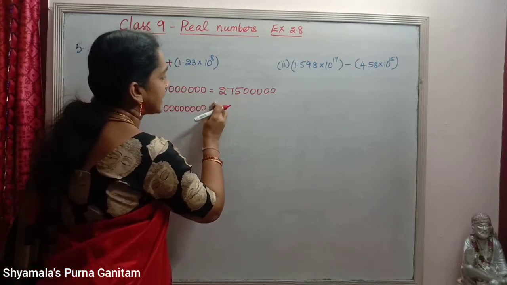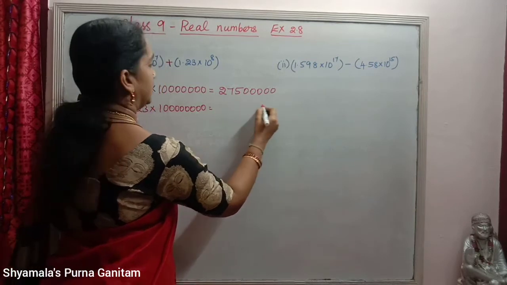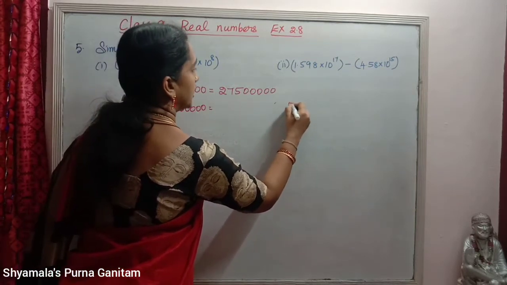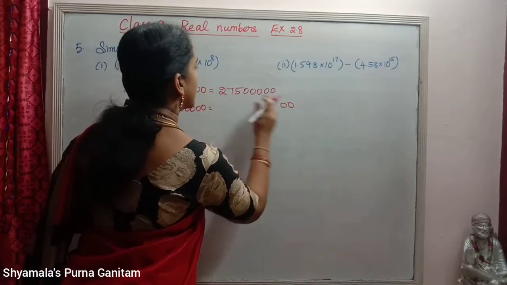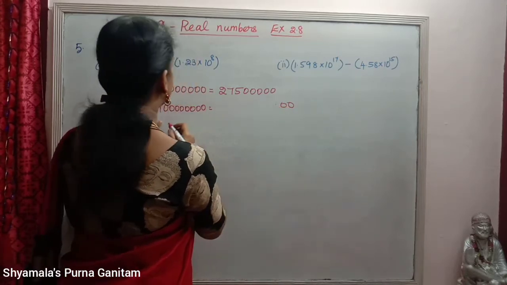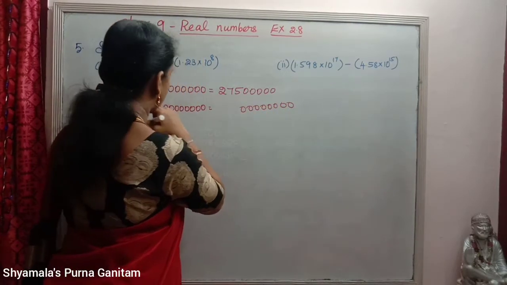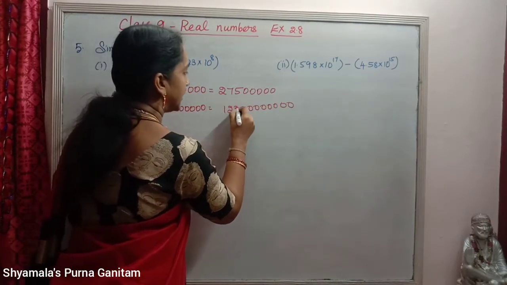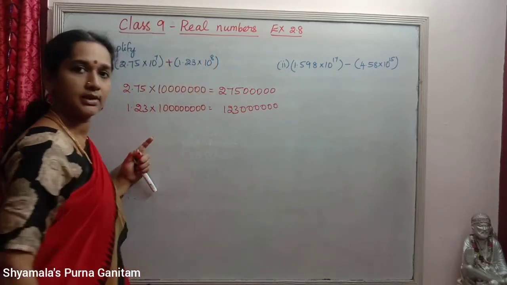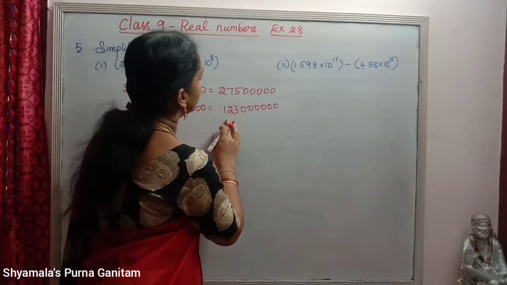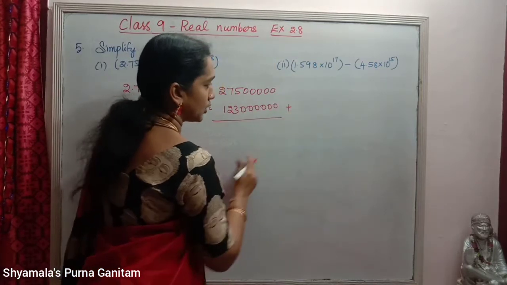So 1 place extra we have to write in this. 1.23 into 10 power 8 means 8 zeros: 1, 2, 3, 4, 5, 6, 7, 8. Then 123. If we remove 2 decimal places, we have 6 zeros to write.